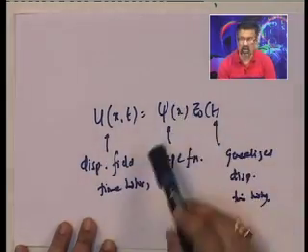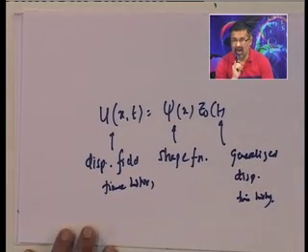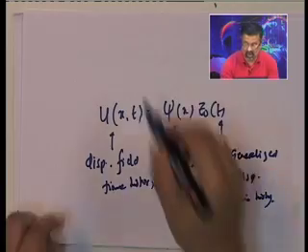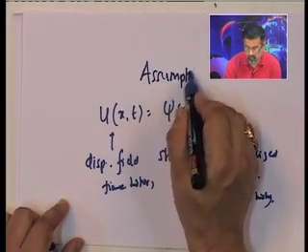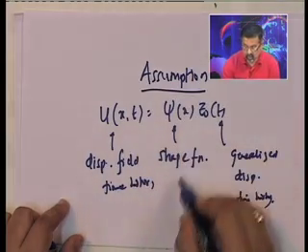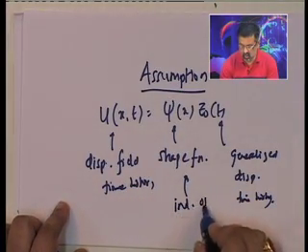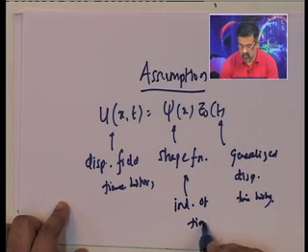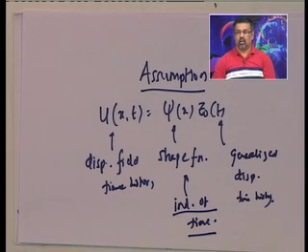And in this case, note this is an assumption that the shape function is independent of time. The shape function is independent of time, and this is the generalized displacement time history.